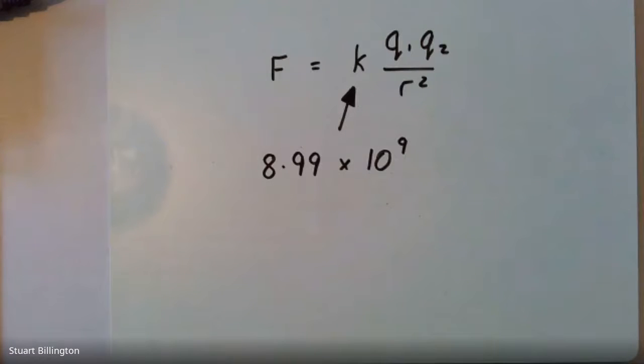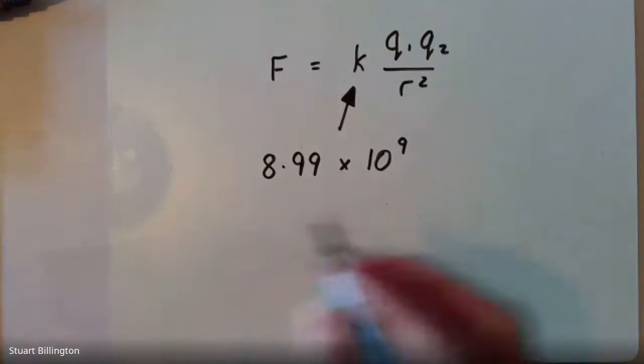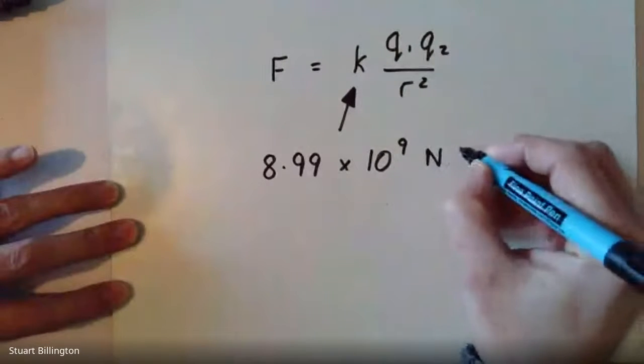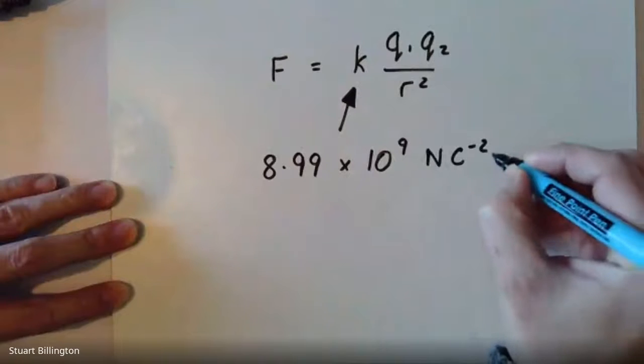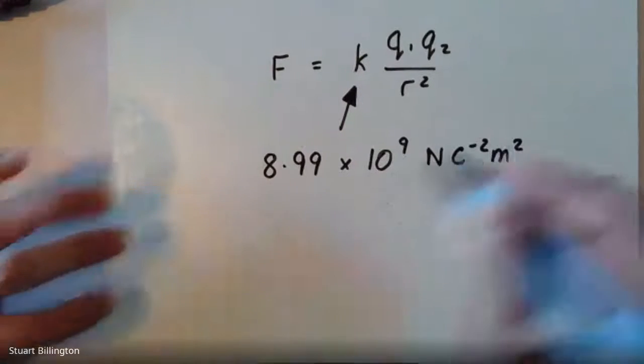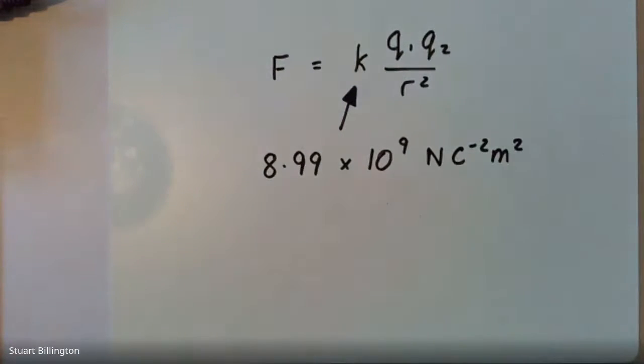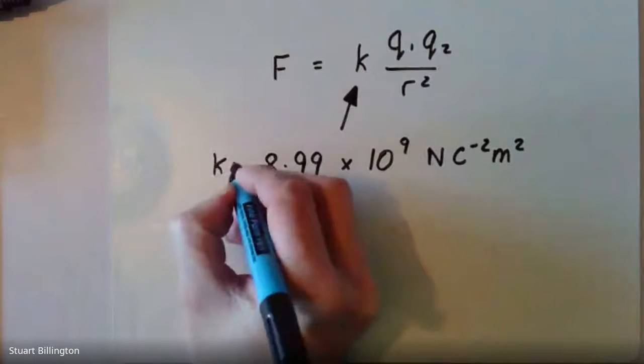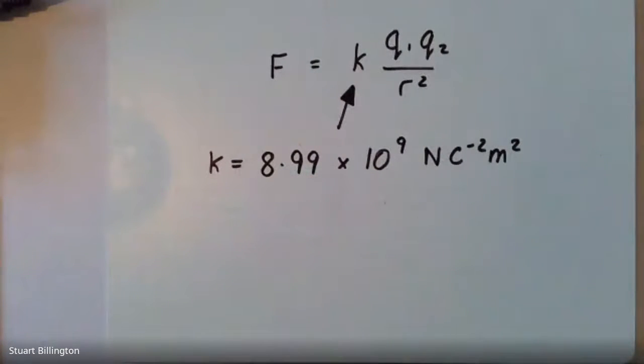And certainly students the world over would love it if 9 times 10 to the 9 was the number that we used. To put some units on that, we just need to get rid of the coulombs and the meters and add in some newtons. So this is our constant of proportionality K, 9 times 10 to the 9.